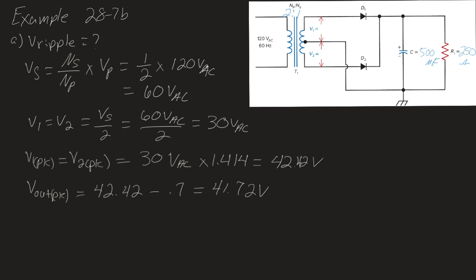So now that we have V out peak, we can calculate V ripple. So the V ripple is going to be the V out peak, which is 41.72 volts, times 1 minus e to the negative T. And in this case, T is going to be 8.33 milliseconds.